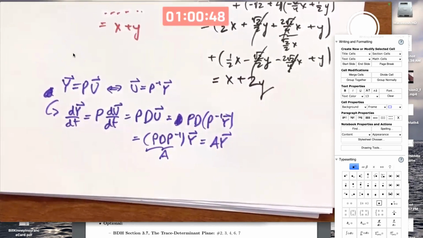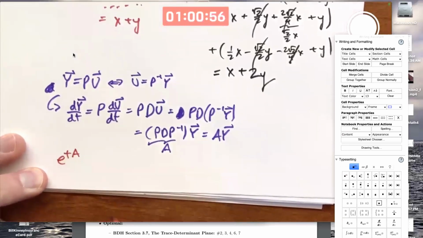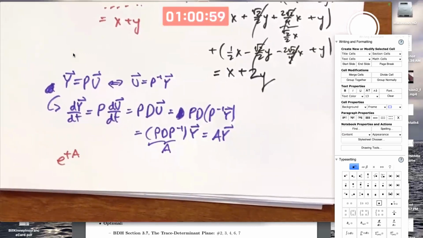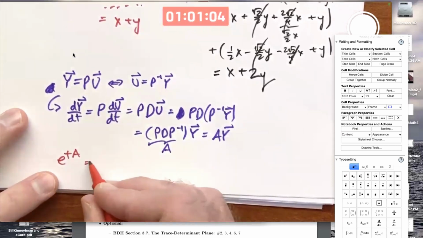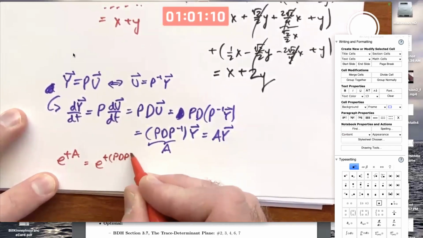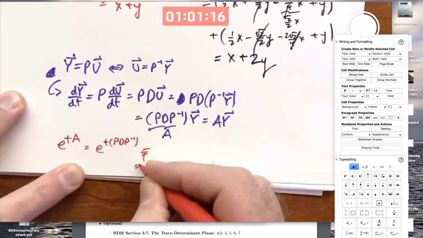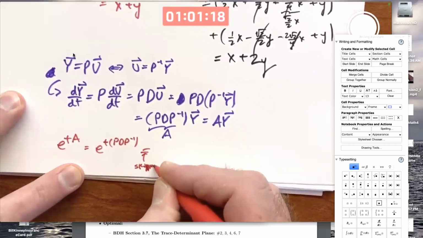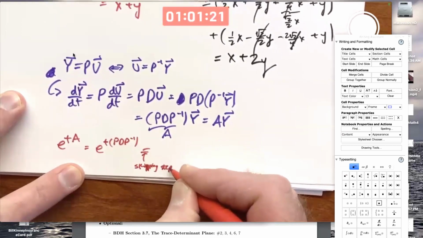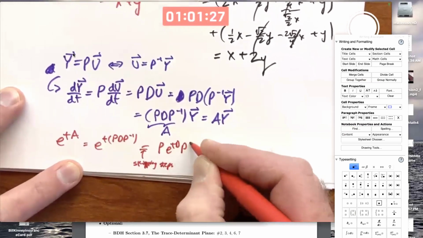And you also can say that e to the tA, the matrix exponential of t times A, where A is the original non-diagonal matrix, is e to the t times P D P inverse. And it turns out this takes proof, skipping steps. I do prove it in one of the lectures, that this equals P e to the tD P inverse.